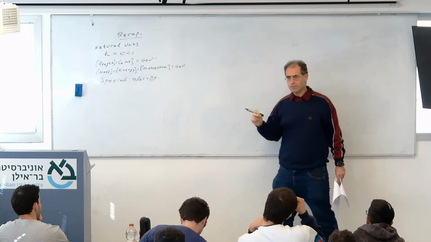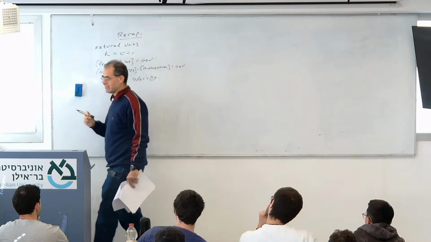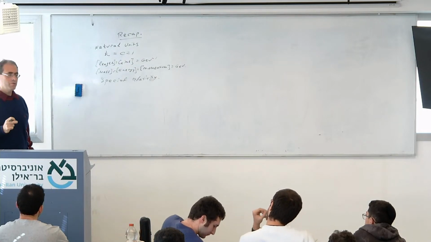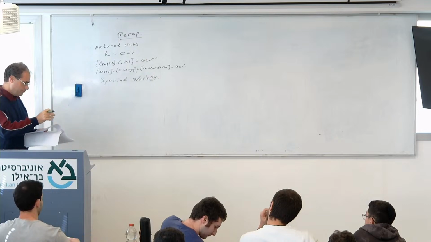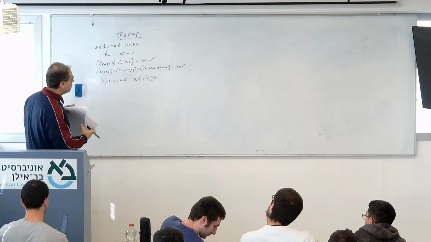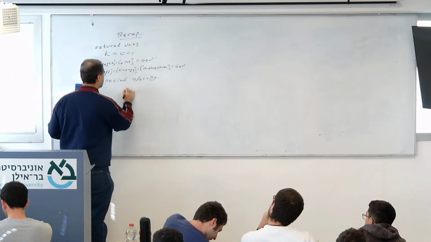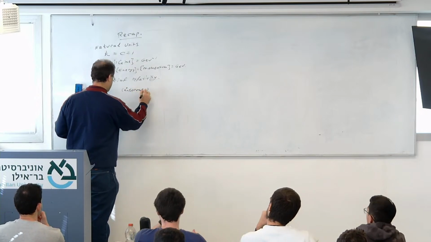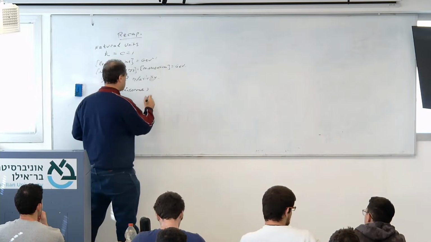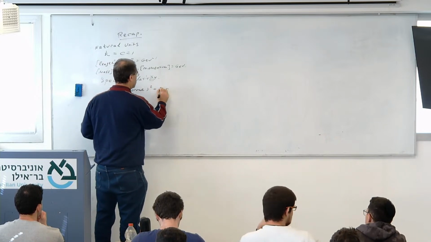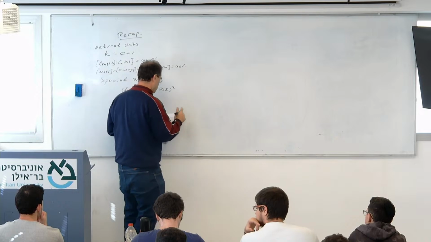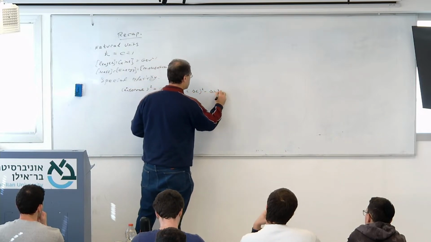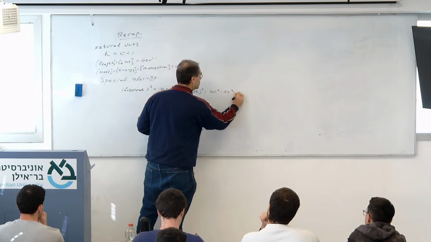They will disagree on the time of this event, but they will agree on the quantity which we call the interval between two events. The interval squared, delta s squared, is c delta t squared minus delta x squared minus delta y squared minus delta z squared.